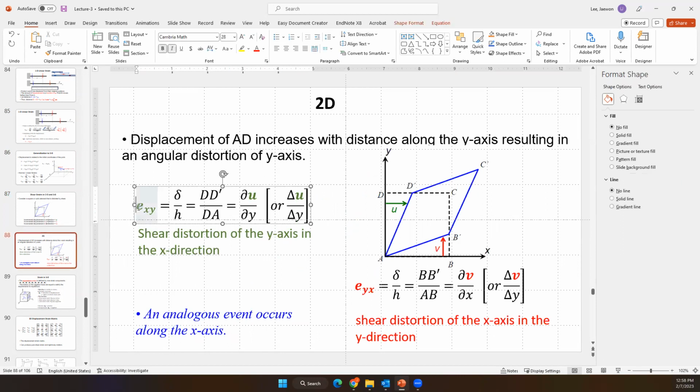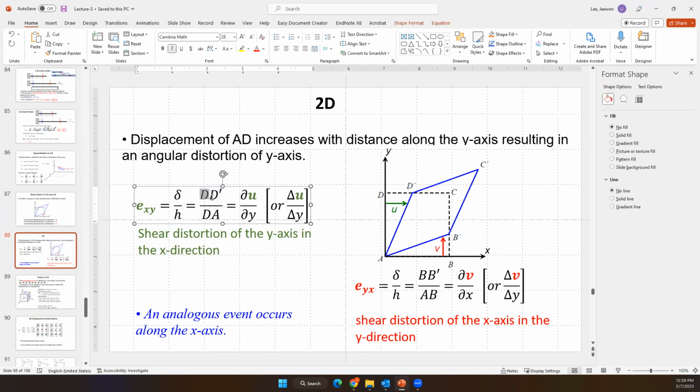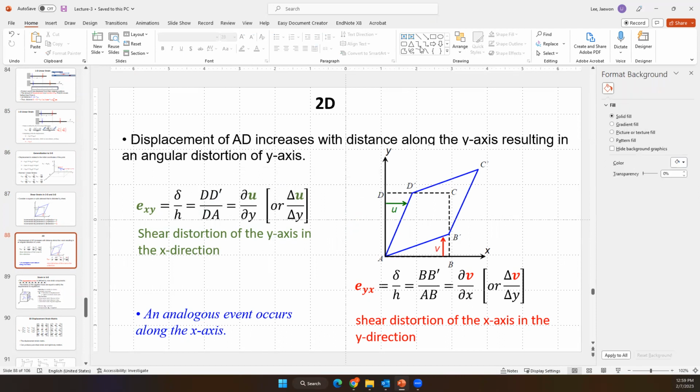So just think about x, y. If we make the y direction distortion, we apply the y direction force, and at the time it is related to the d prime.